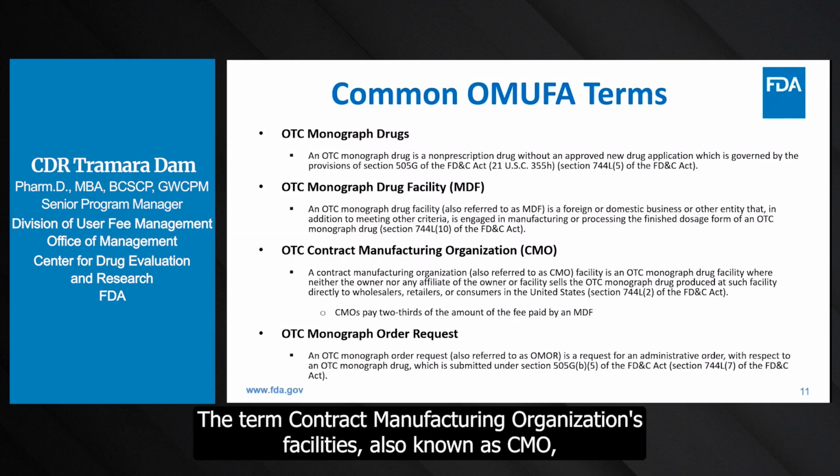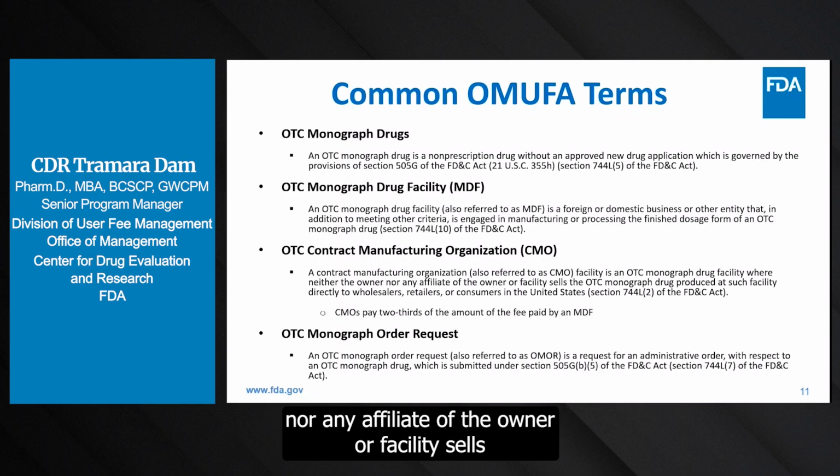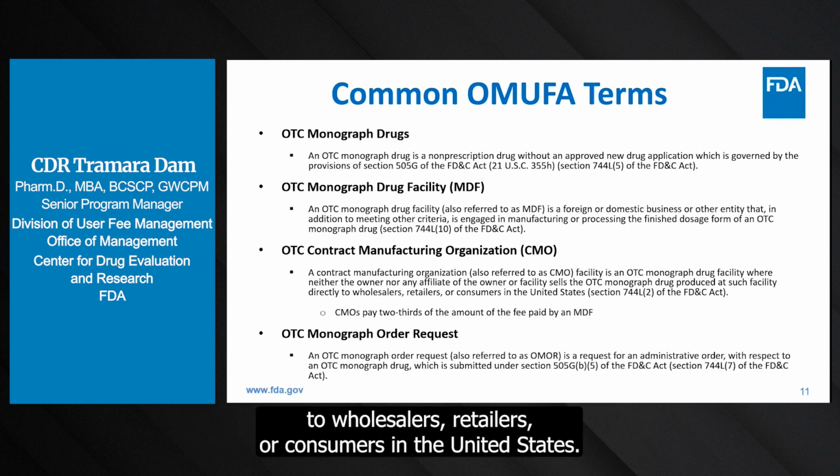The term contract manufacturing organization facility, also known as CMO, is an OTC monograph drug facility where neither the owner nor any affiliate of the owner or facility sells the OTC monograph drug produced at such facility directly to wholesalers, retailers, or consumers in the United States.